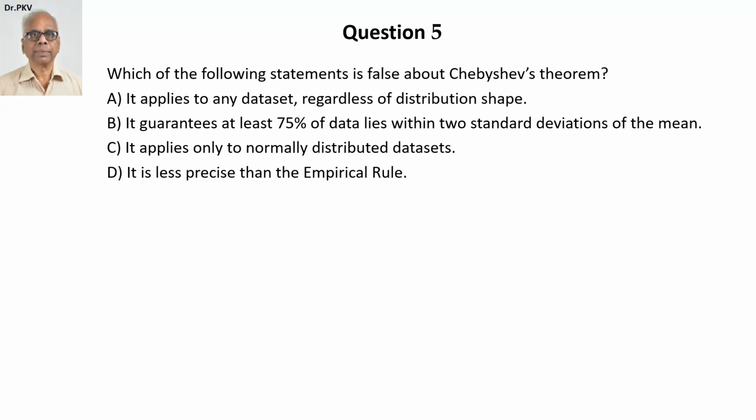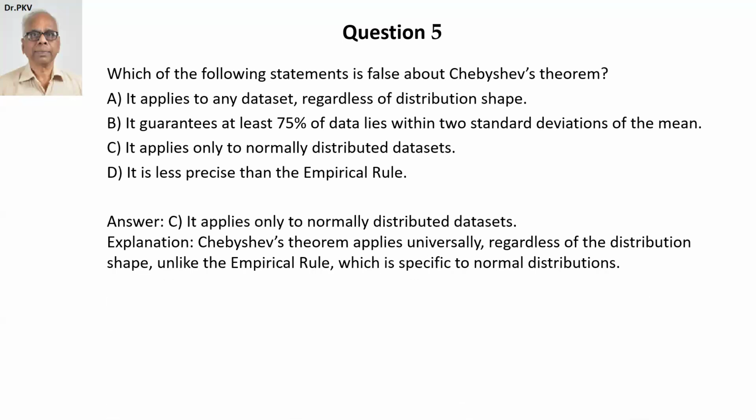Think about it. Note down your own answer according to your understanding. Let me now give the answer. Answer is C. It applies only to normally distributed data set. Because the question says, which of the following statements is false about Chebyshev's theorem?